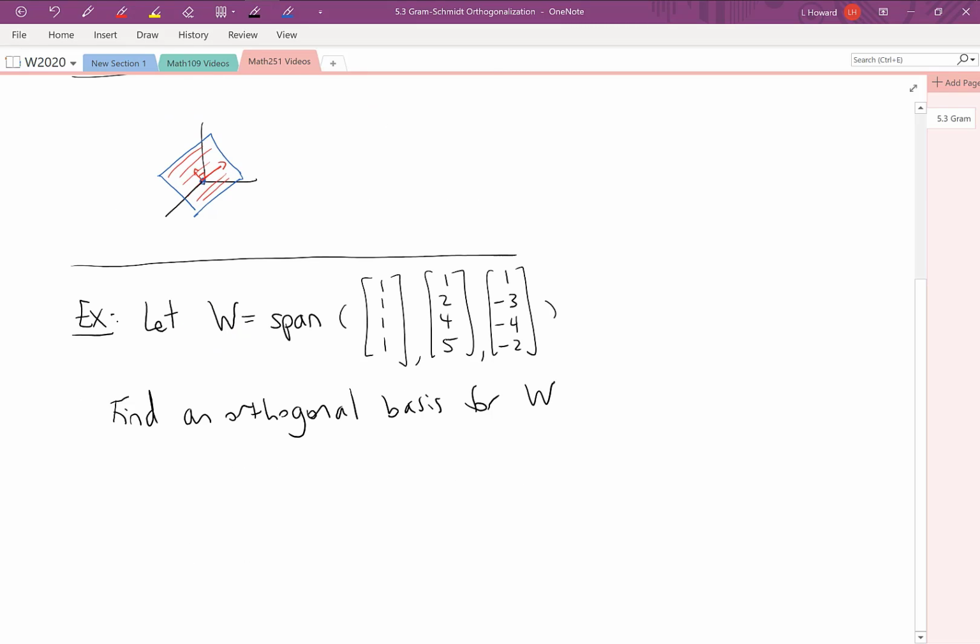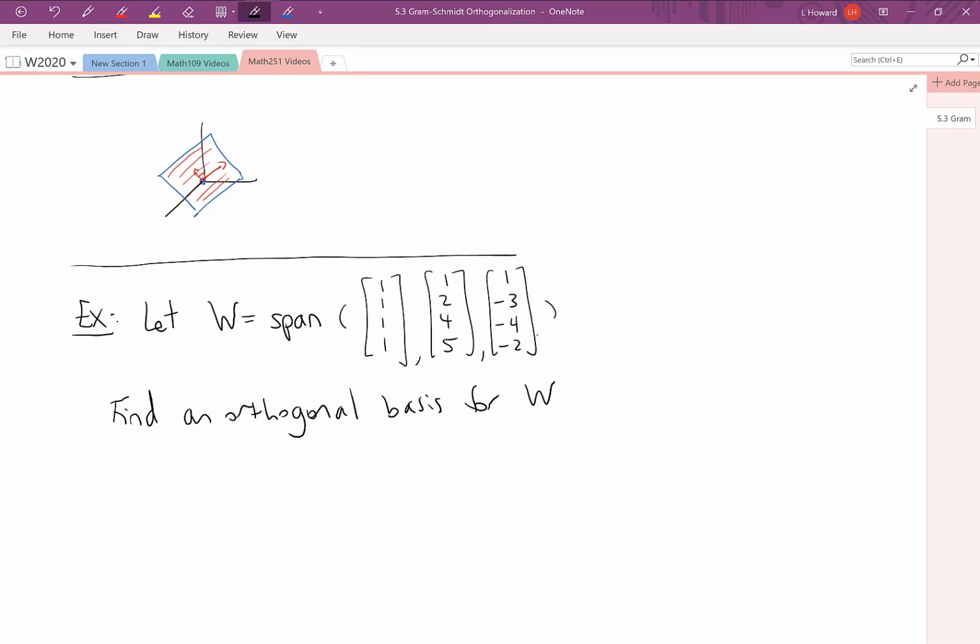Okay, so let's think about this intuitively for a second. W is a three-dimensional subspace of R4. So roughly speaking, you could say W is like a copy of three-dimensional space that is sitting in four-dimensional space.